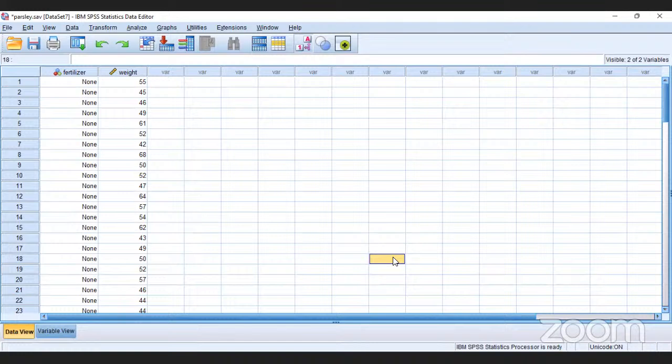If she's not ready, who can answer? Yes, analyze. Go to descriptive. Go to explore. Who is talking?